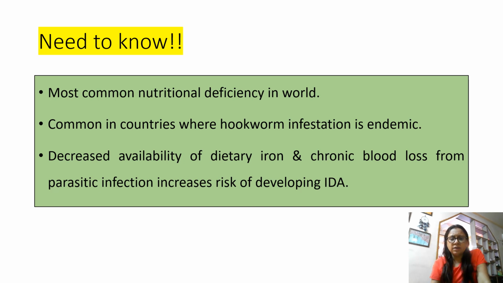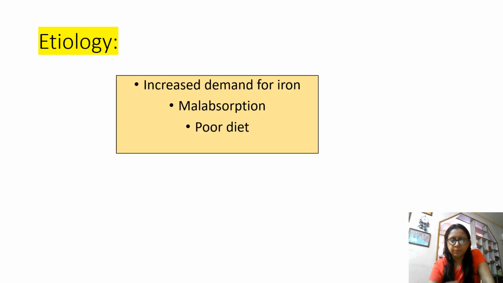Now basically there are a few reasons why there is risk of developing iron deficiency anemia. See, decreased availability of dietary iron or chronic blood loss from any reason, maybe parasitic infection or chronic GI blood loss or any kind of blood loss which is leading to decrease in iron load in our body.